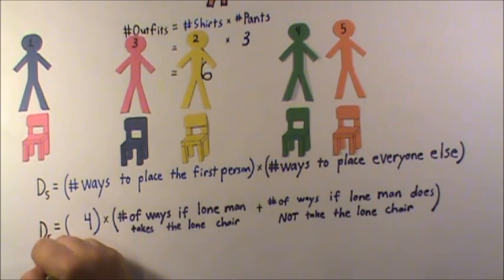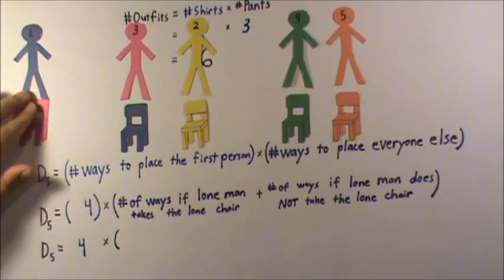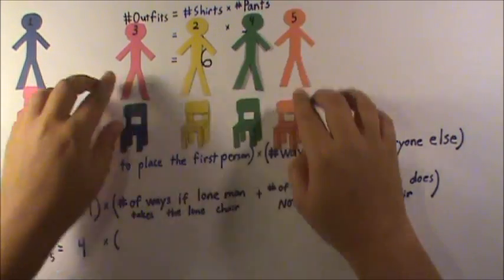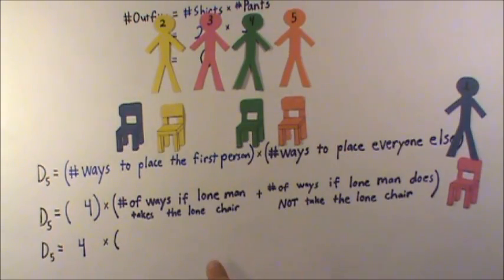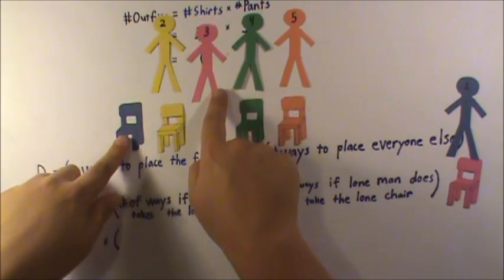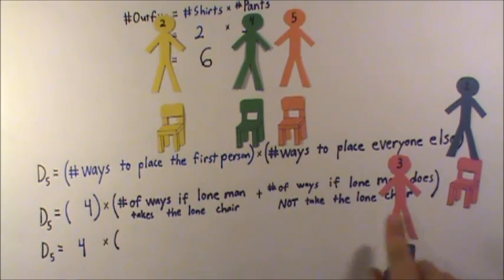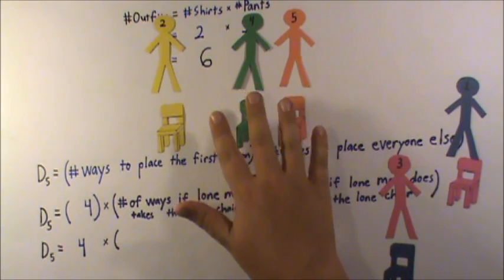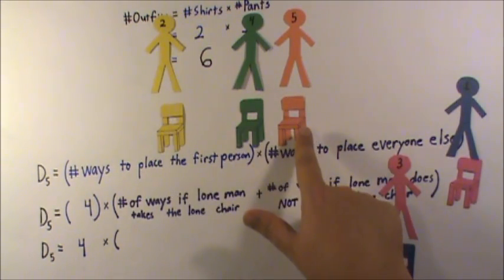So what does this come out to? We want to know the number of ways that the lone person does take the lone chair. If the lone person does take the lone chair, now how many ways can this happen? Well, it has to be a derangement, so none of them could take their own chair.